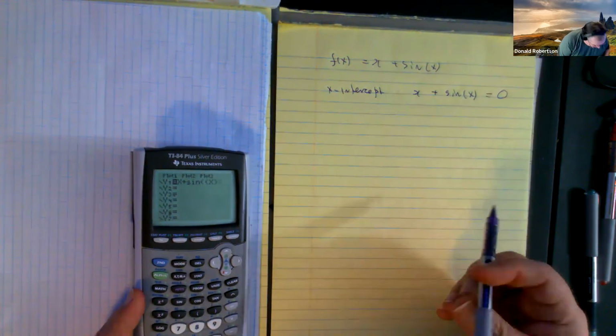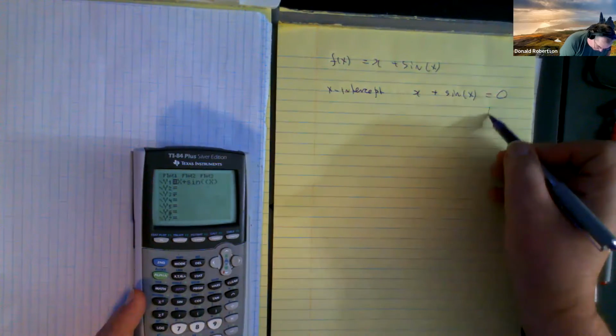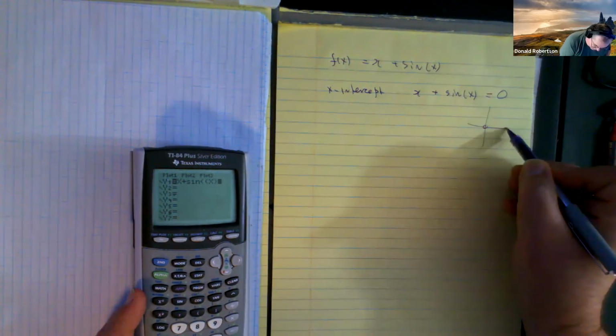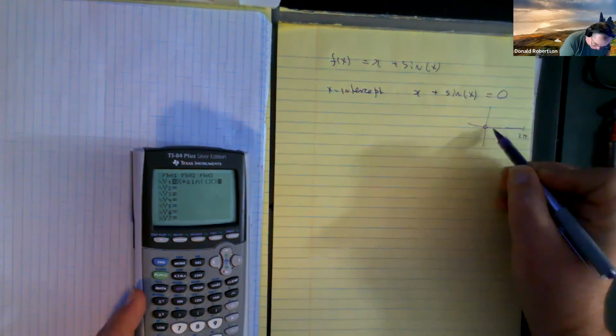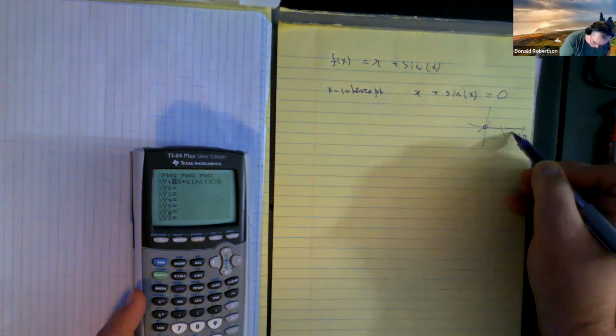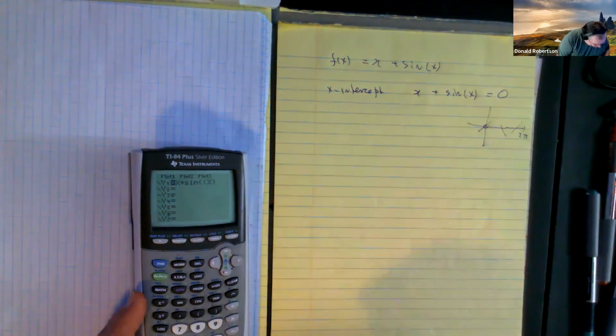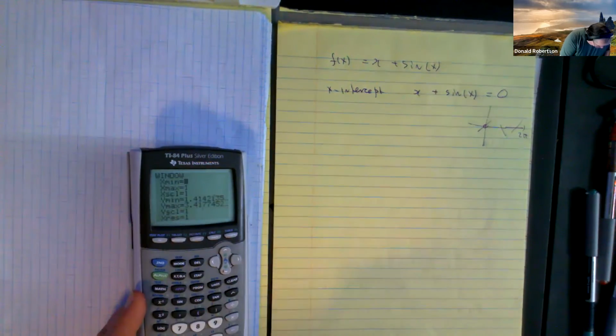And I'm going to use the calculator then to essentially tell me, where does this function, in the range 0 to 2 pi at least, where does it cut the x-axis, right? So if that was it, it'd be 3 points. Now I'm going to go to my window and I'm going to do 0 to 2 pi.